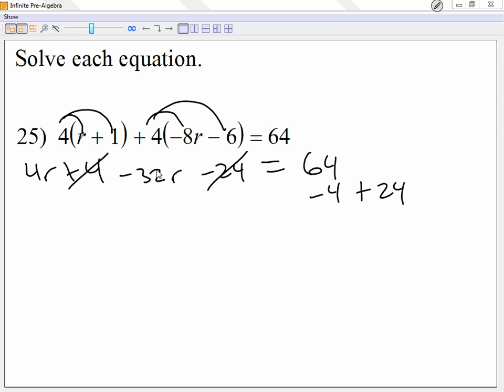So on the left side, when I combine my letters, 4r, negative 32r, that gives me negative 28r. Right. Different signs, subtract, keep the sign of the larger one. Now looking on the right, I know 64 minus 4 is 60, but 60 plus 24 gives me 84. Now let me divide by negative 28.